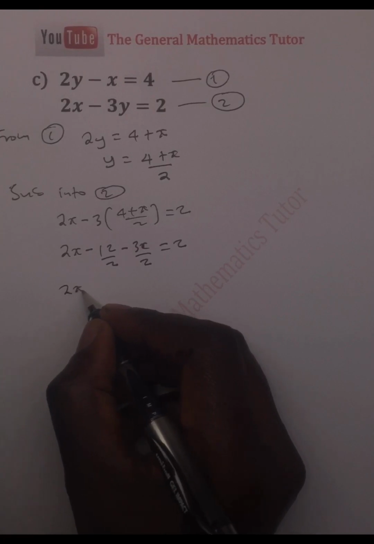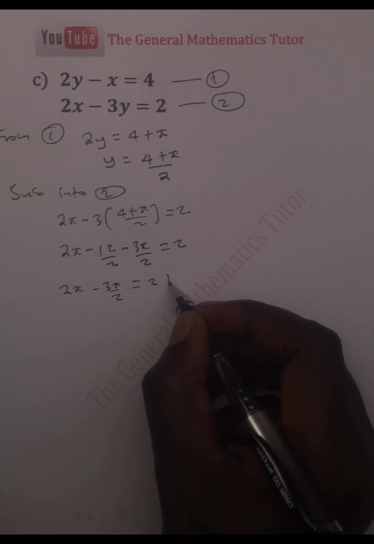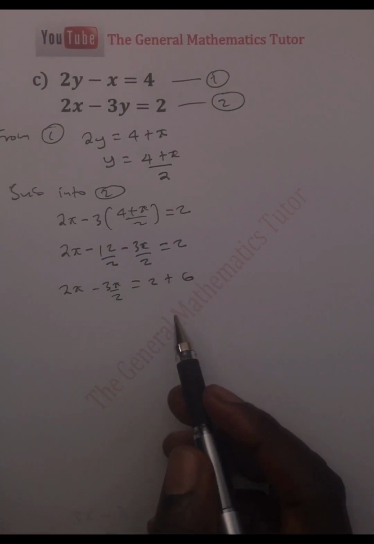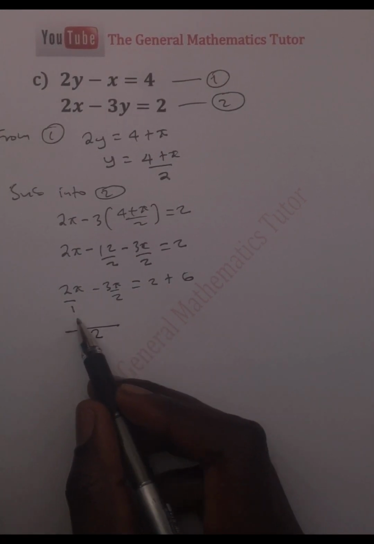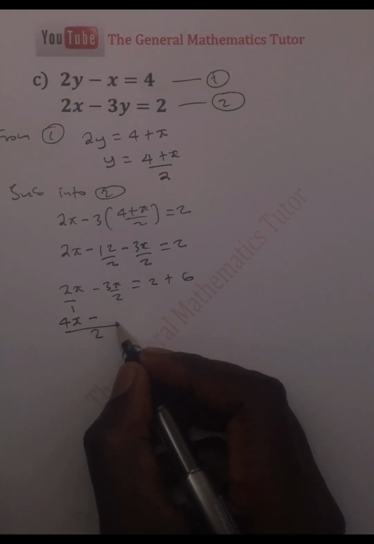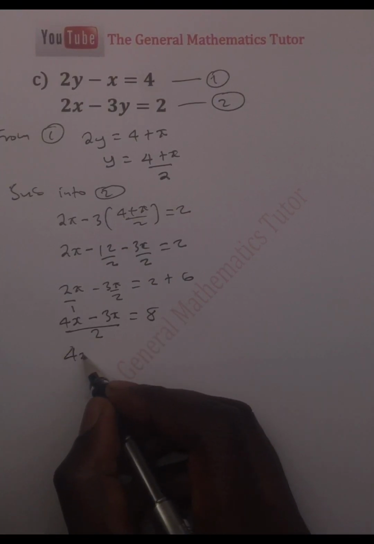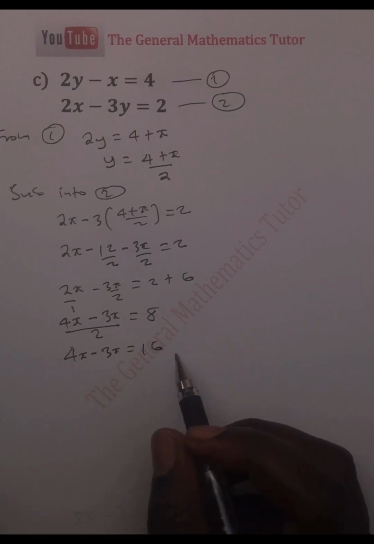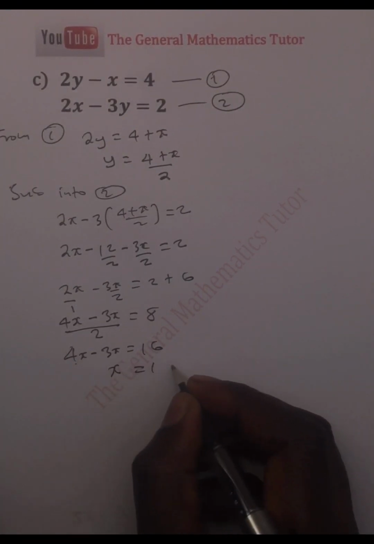We have 2x minus 3x over 2 is equal to 2 plus 12 over 2, which is 6. So we have the LCM as 2, so 2 times 2x minus 3x is equal to 8. So that we have 4x minus 3x is equal to 2 times 8, that is 16. So we have 4x minus 3x, which is just x, is equal to 16.